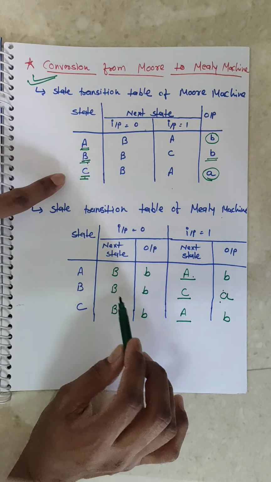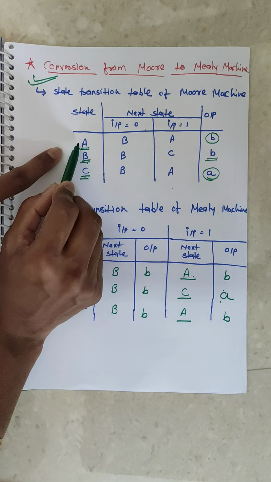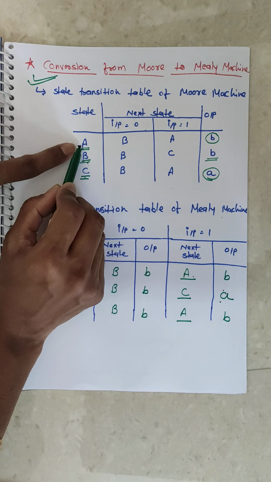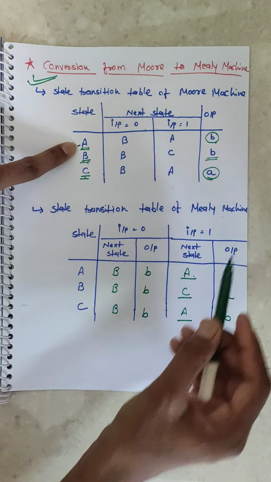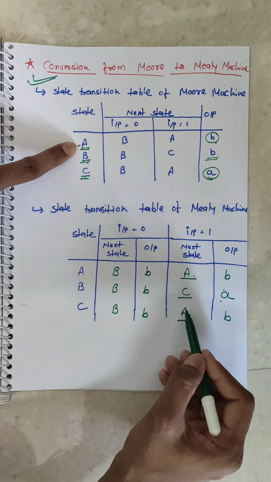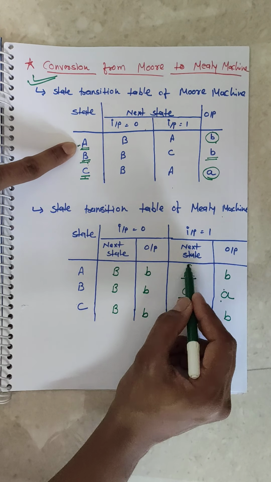So simply, whatever the output of the state A is, B. Here you find where the next state is A: this one and this one.